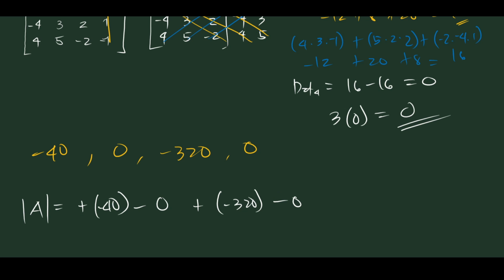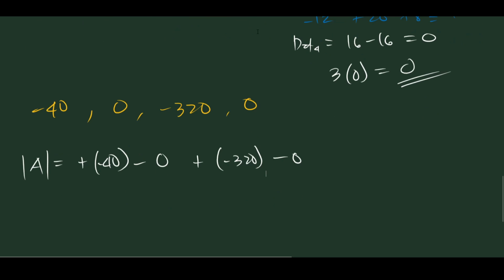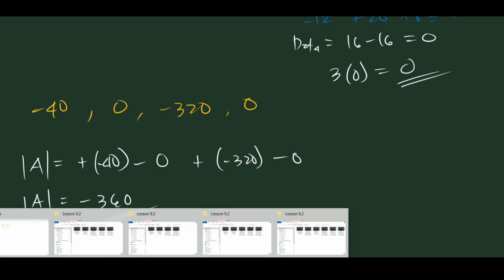Take note of that. So the determinant of our A will be negative 360. This is the determinant of our 4 by 4 matrix.